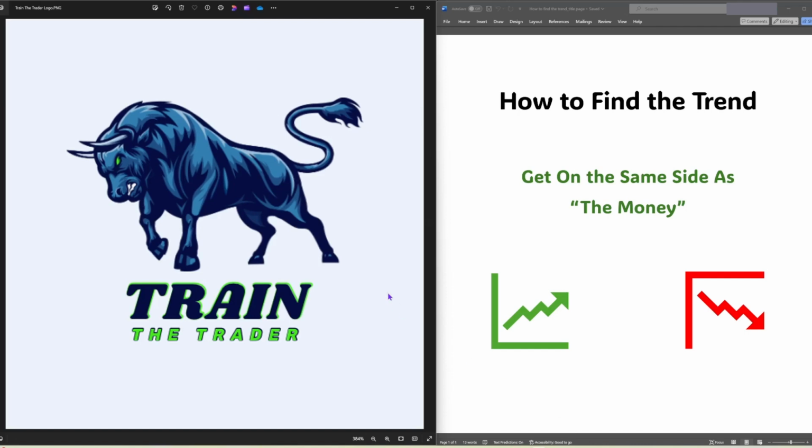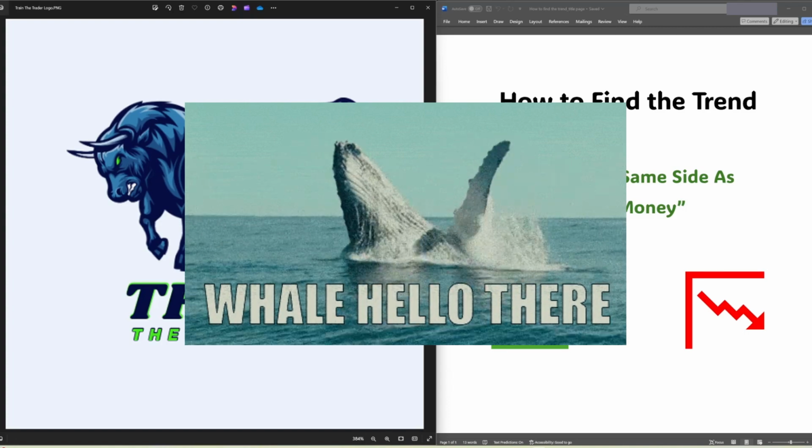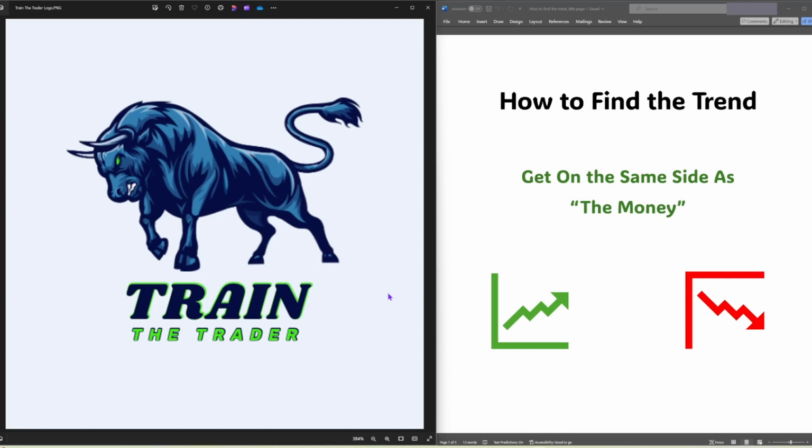Today I want to talk to you guys about how to find the trend, getting on the same side as the money. And what I mean by the money is the whales, the big money, the bosses, your mutual funds, your boys with millions and billions of dollars that they're flooding into the market on a daily basis.